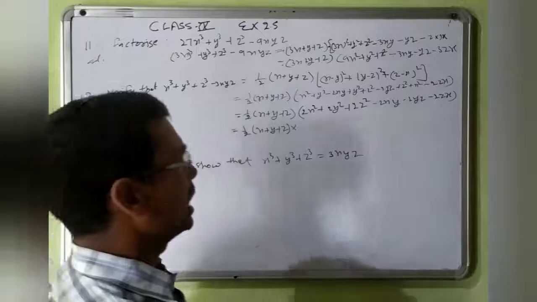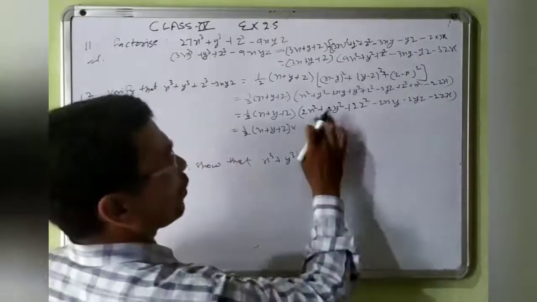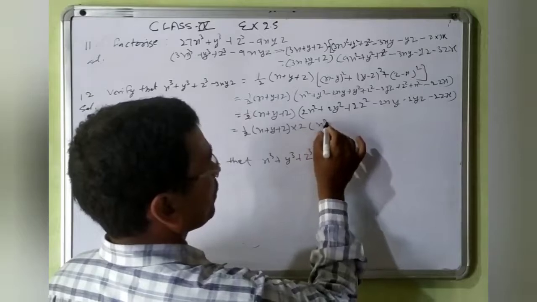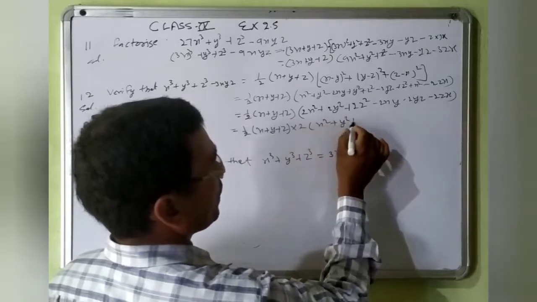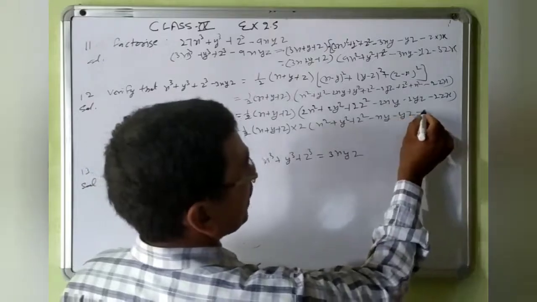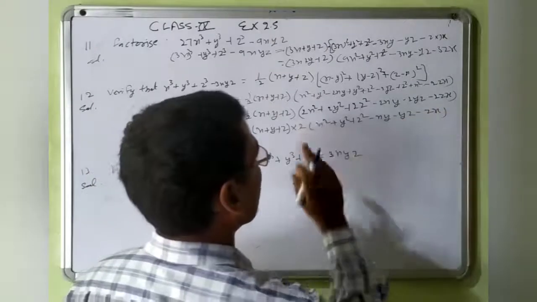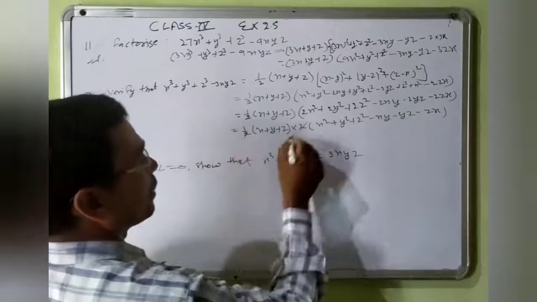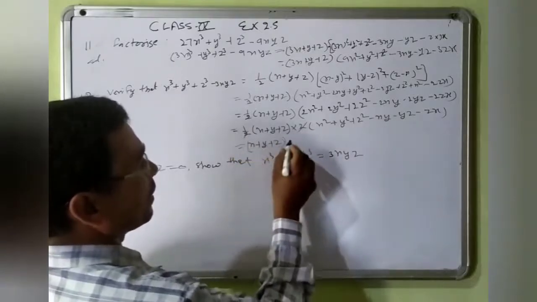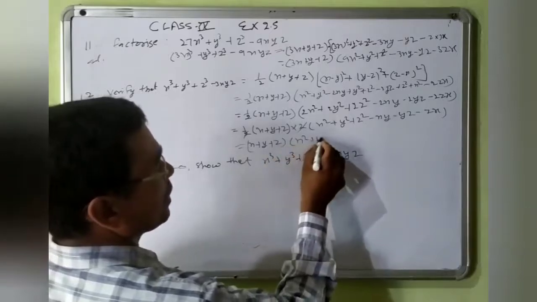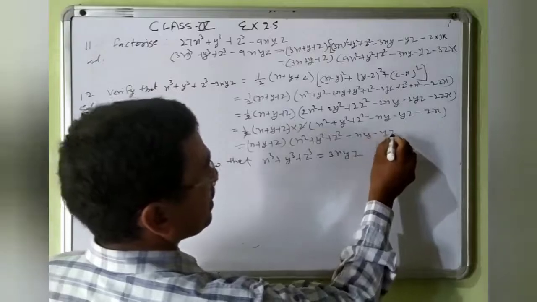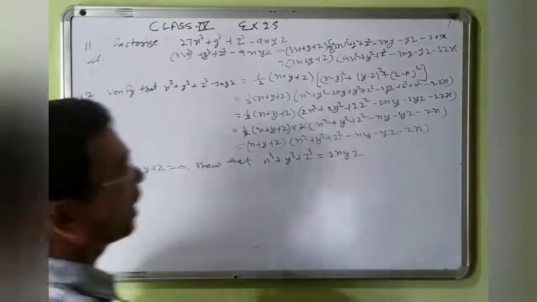If there is no sign, it means there is a multiplication. 2 is common, so 2, and then x square plus y square plus z square minus xy minus yz minus zx, because 2 has come outside as a common factor. 2 cancels by 2, so x plus y plus z times x square plus y square plus z square minus xy minus yz minus zx. This is the identity.